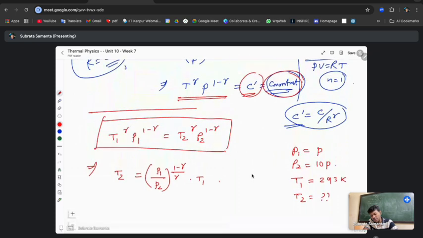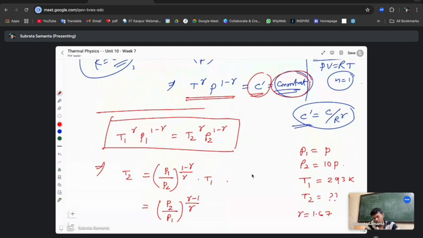Since gamma is 1.67, 1 minus gamma is negative, so I change this to P2 over P1 to the power gamma minus 1 over gamma. Can I do that? It's basically I invert this, which gives an extra minus sign, so I switch 1 minus gamma to gamma minus 1. So you can do that, times T1.